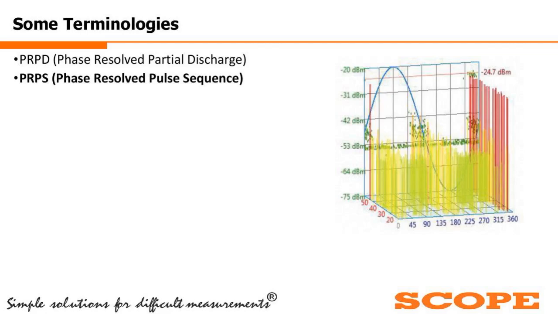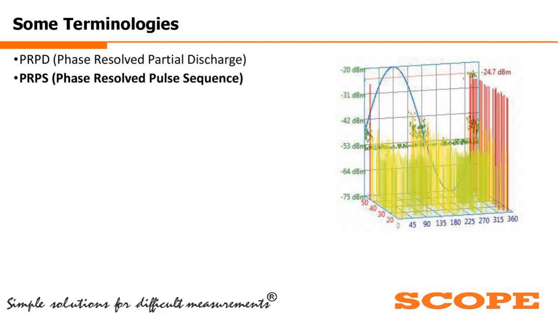In the 3D pattern, when we put the phase or the frequency phase, we can understand how the pulse sequence is coming: immediately one by one, or as a series of pulses, what type of pulses, and in which zone, 0 to 90, 90 to 180, 180 to 270 or 270 to 360. Based on that, we can say yes, these are PDs, those are not PD.